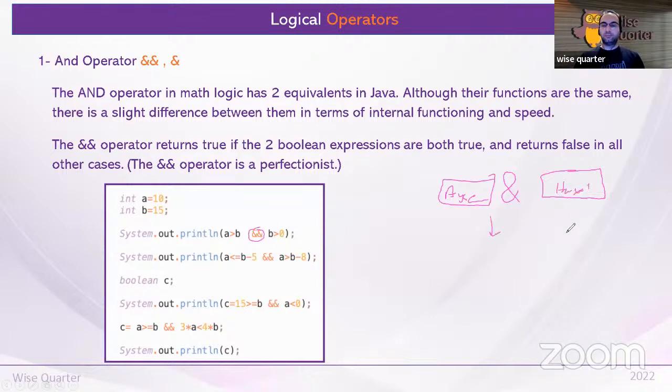Both of them should come. It is exactly like this. If you want to reach a true result, both of them should be true. If one of them is false, the result will be false.